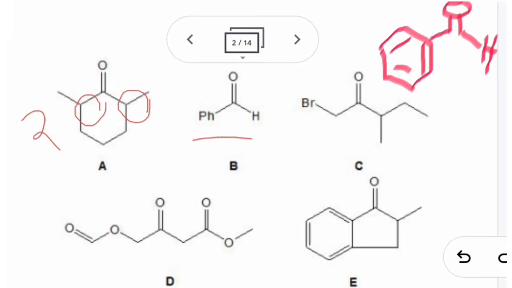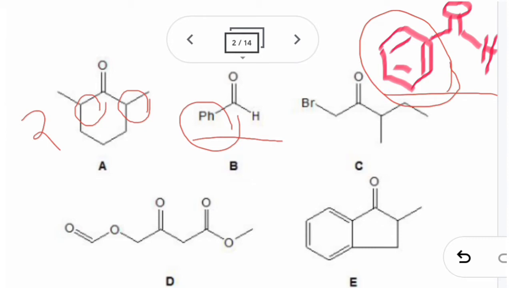When you consider molecule B, you've got this group here, Ph. Ph just means phenyl, and this particular group is the phenyl group. When you look at this molecule, it does not have any acidic hydrogen.